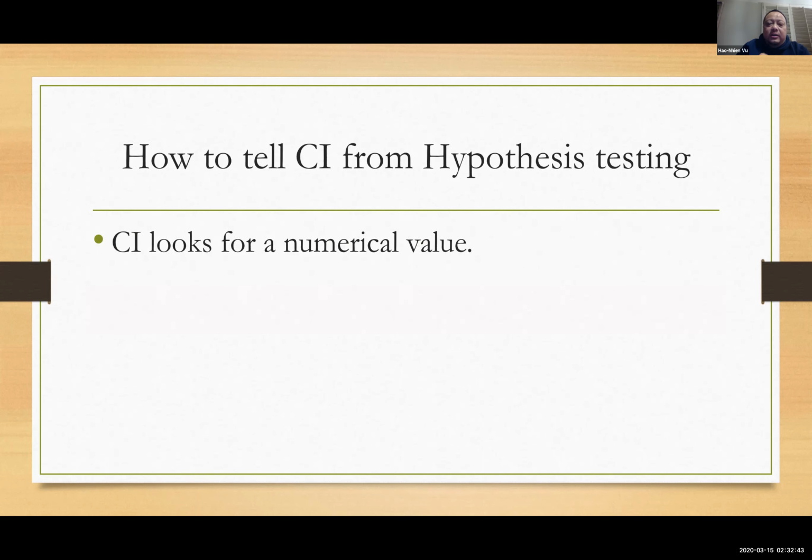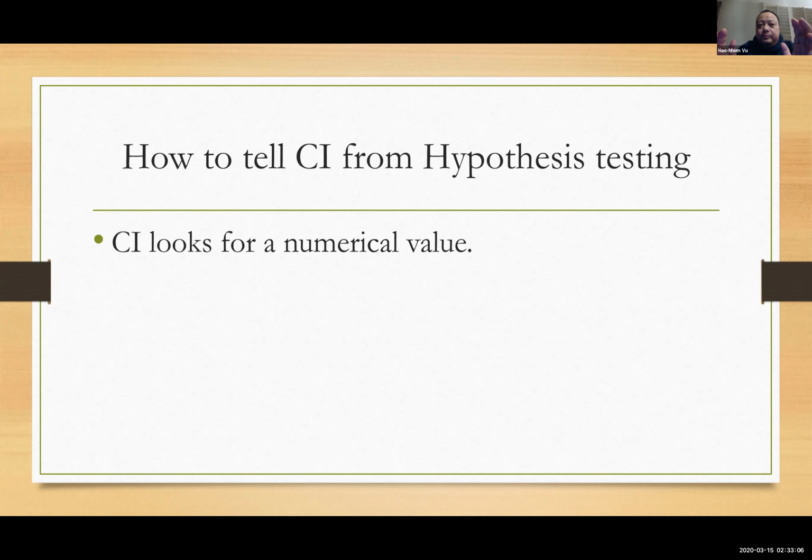The first decision is how to tell CI from hypothesis testing. If you have a CI problem, at the end you'll answer with a confidence interval. The confidence interval consists of a lower limit and an upper limit.